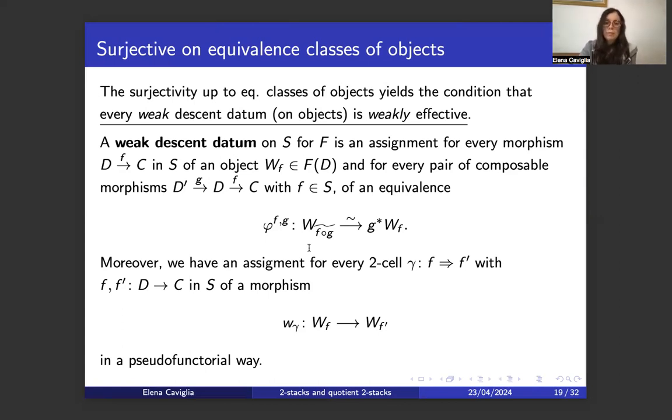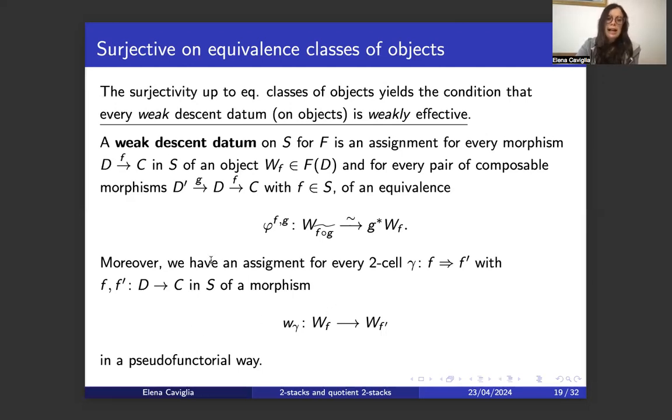So every time we have a morphism in the bisieve, in this case F, and we precompose it with another morphism, in this case G, we are not sure to get something in the bisieve, but we know that there is a morphism isomorphic to F composed with G, which is in the bisieve. And we denote it with F composed with G tilde.